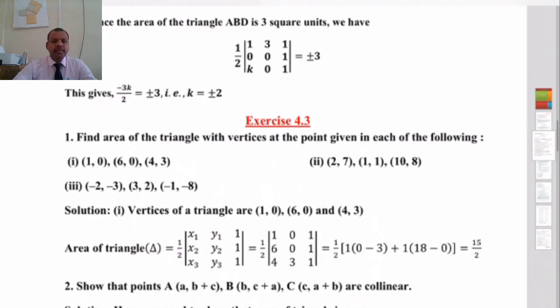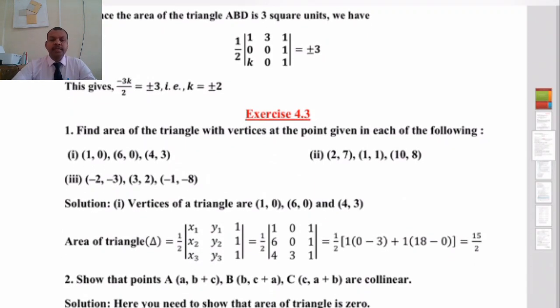So just apply the formula: area of triangle equals half times the determinant x1 y1 1, x2 y2 1, x3 y3 1. On substituting the values, we get area equals half times the determinant 1 0 1, 6 0 1, 4 3 1. Now expand it along row 1.